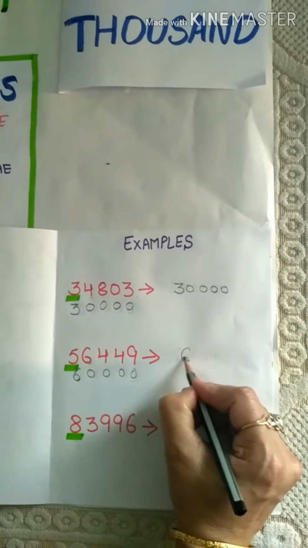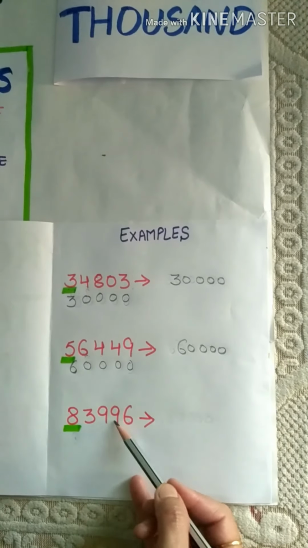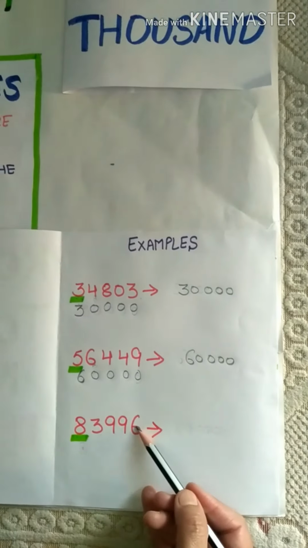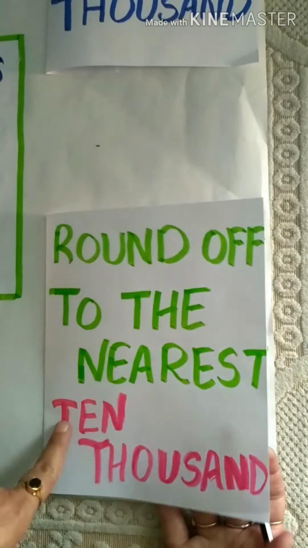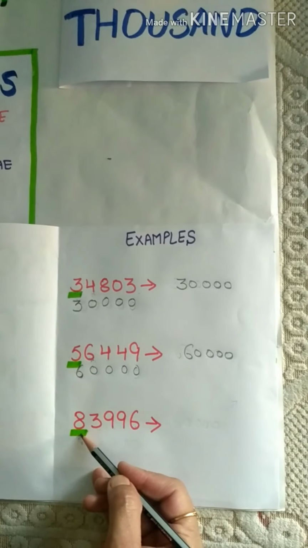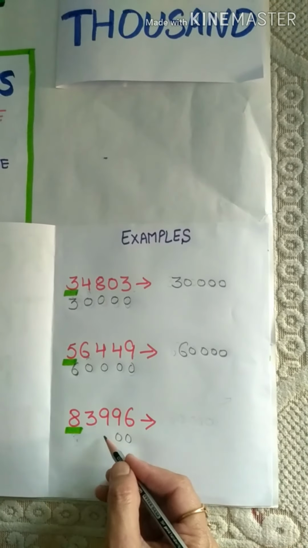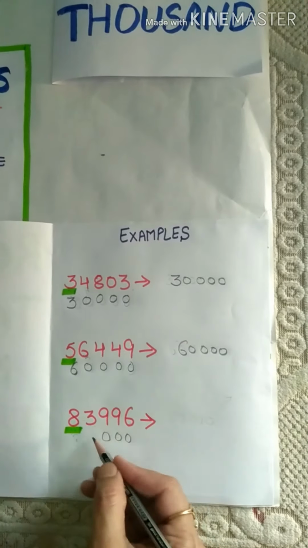Okay. Now move to the third one. That is 83,996. Here, which digit is at the 10,000 place? Because we are going to round off nearest 10,000. So at 10,000 place there is 8. First of all, we write 0 at ones place, tens place, 100 place and 1000 place.